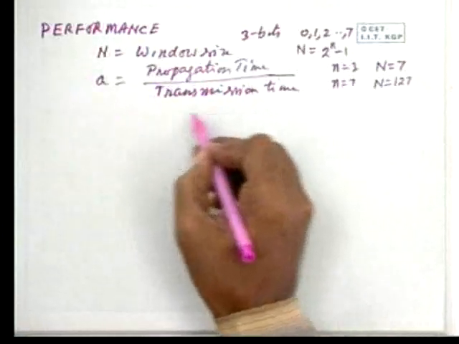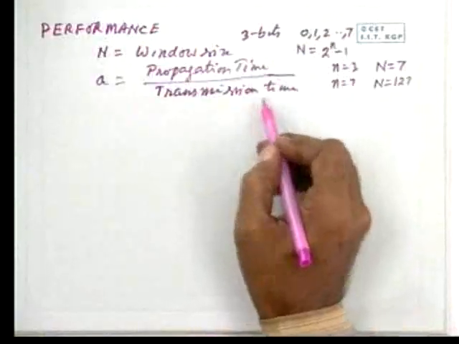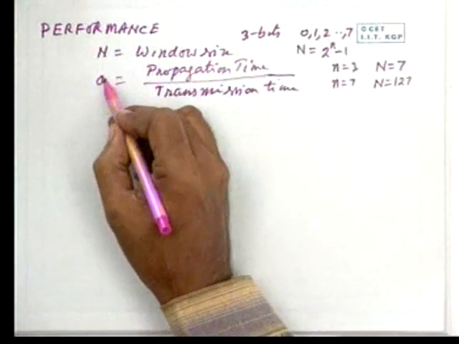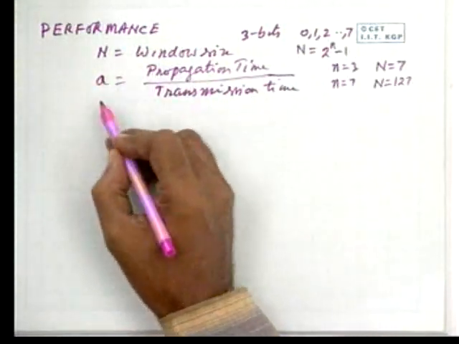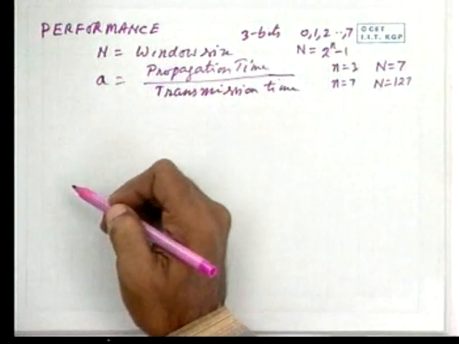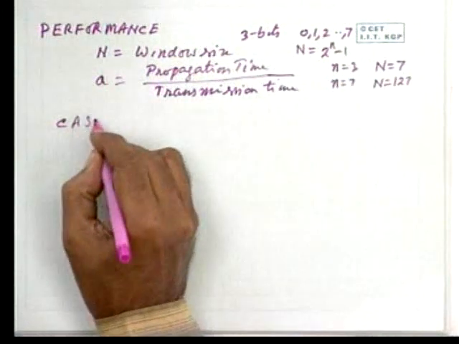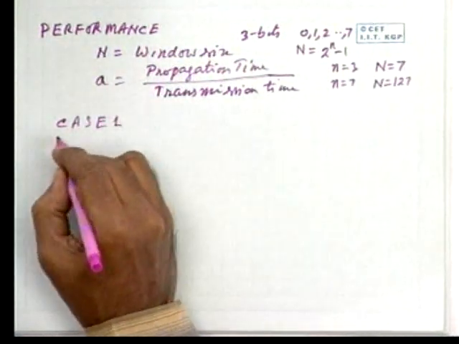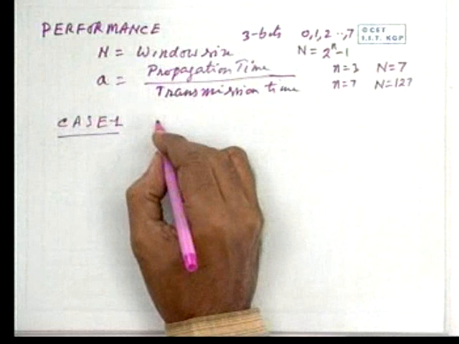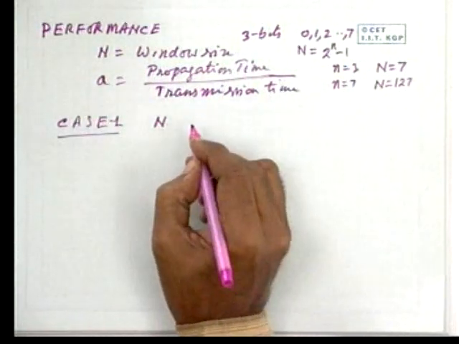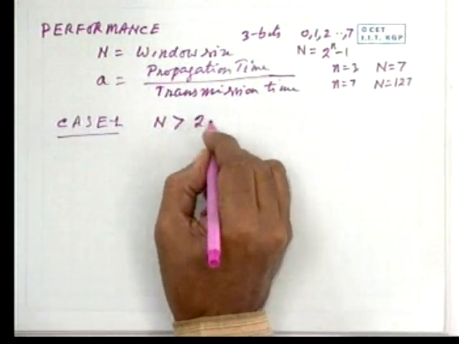It also depends on the transmission time, and with the increased speed of data transfer, as you know, in high speed LAN and wide area network technology, the transmission time is getting reduced, and as a consequence the parameter a is becoming higher and higher. Let us consider two cases. Case 1, where the window size N is greater than 2a plus 1.